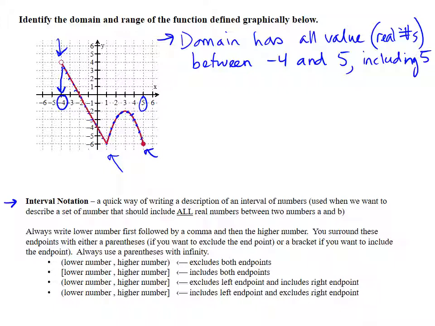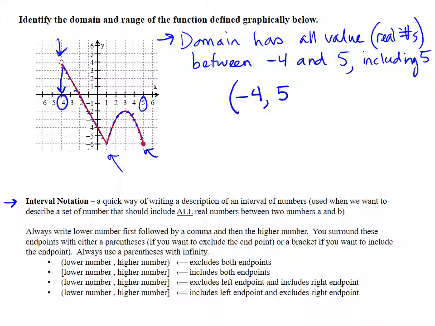Now, interval notation always starts with the lowest value, so in this case -4, and we put a comma and then we go to the highest number that we want to include, where we want to include all values between them. And then what we do is we either use a parenthesis or a bracket next to the two numbers on either side to actually show that we're going between them. We use a parenthesis when we don't want to include the value.